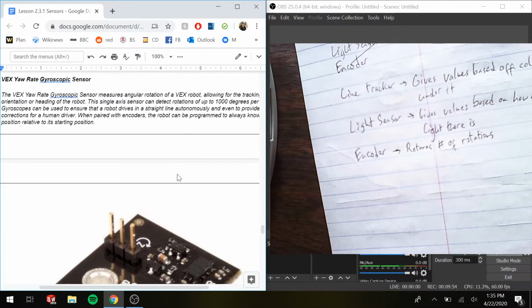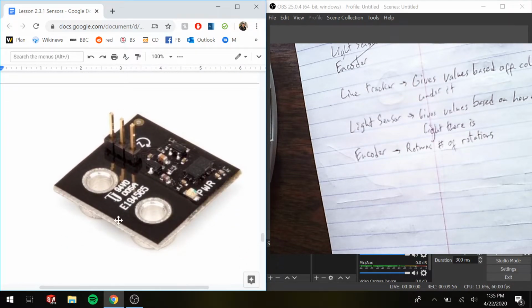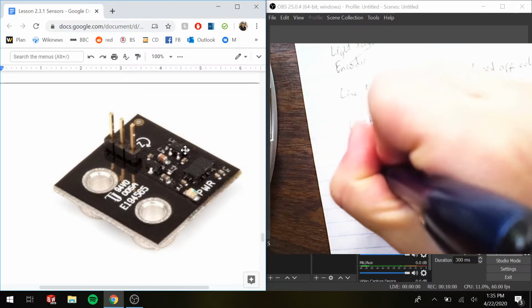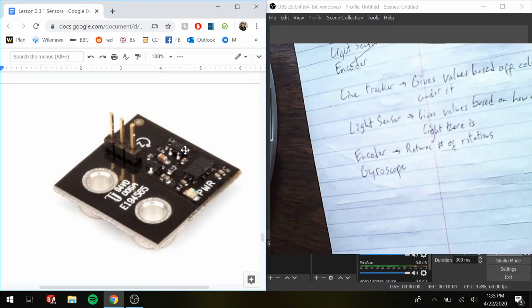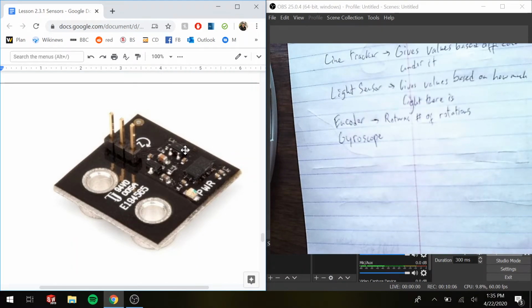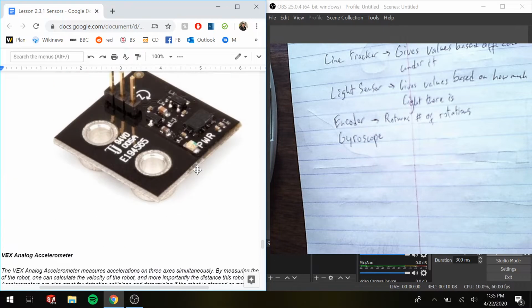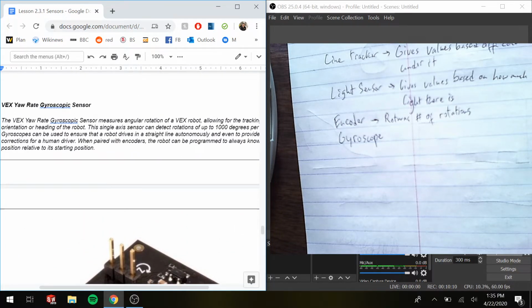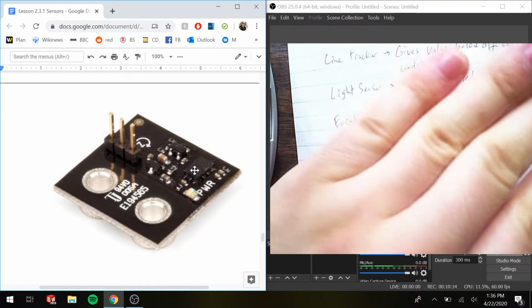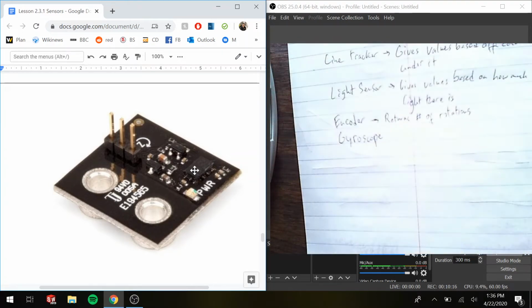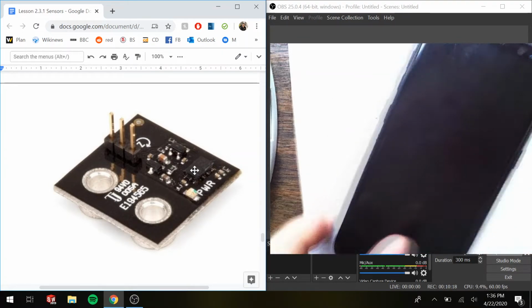Some other interesting ones: a gyroscope, or gyro. Not a gyro that you get at the hall cart. A gyro will tell you angular rotation. So let's say you want to turn a specific angle. A gyroscope will tell you that. There are gyroscopes in your phone.